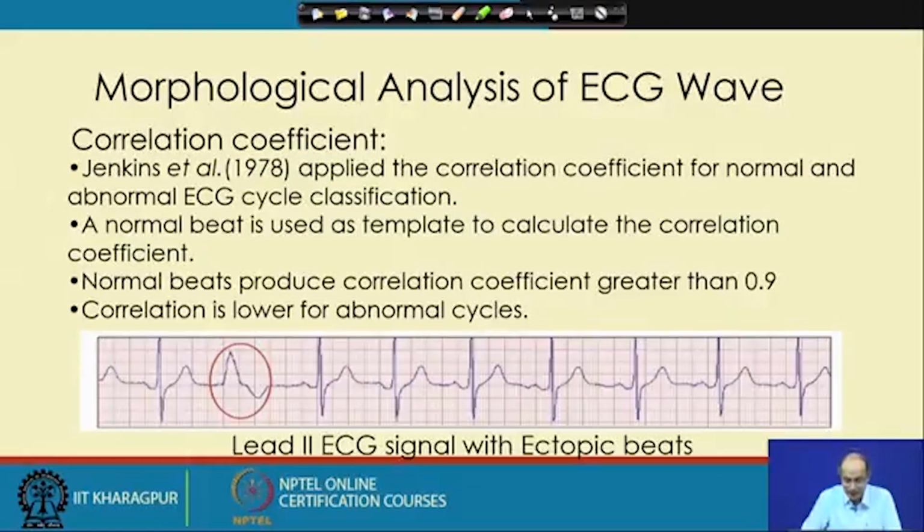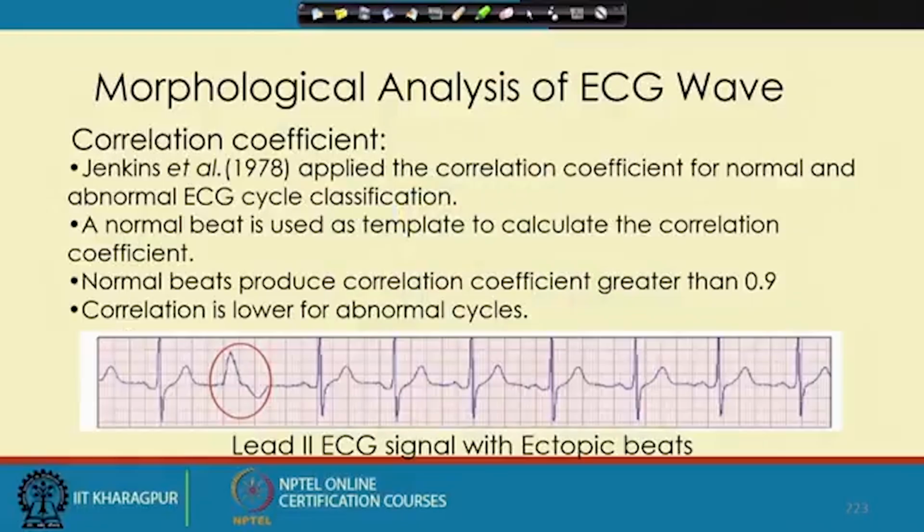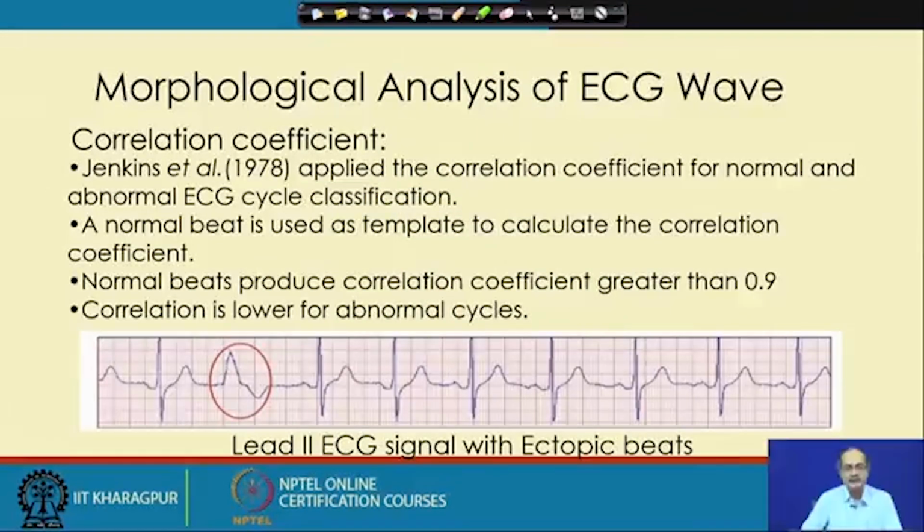However, we found that though the correlation coefficient is immune to noise, it still gets affected by different kinds of corruptions or noises, and getting a very good value of the threshold becomes a difficult exercise.